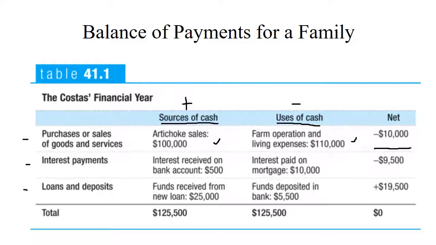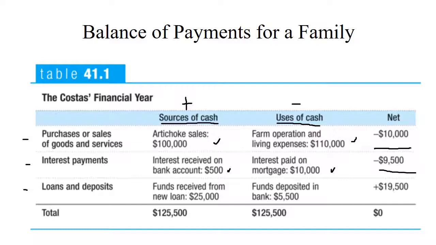For interest payments, they received $500 in interest from money that they had in the bank. That was positive, but they spent $10,000 on the mortgage for the farm and the house on the farm. So $500 minus $10,000 equals a net of negative $9,500. It really matters to us if these nets are positives or negatives.